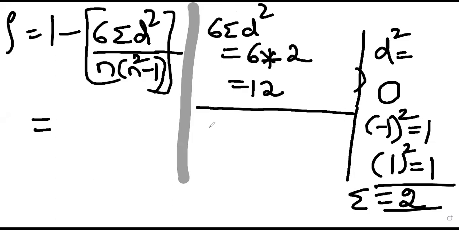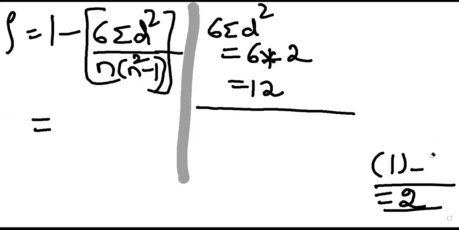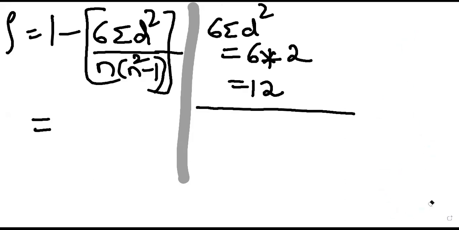Next, the working mode, which I'm writing, and yes, if I am solving the problems fastly, or if you are not understanding any step, tell me. n into n square minus 1.